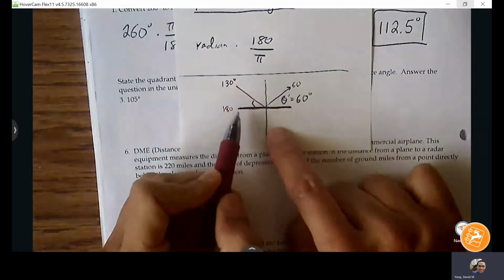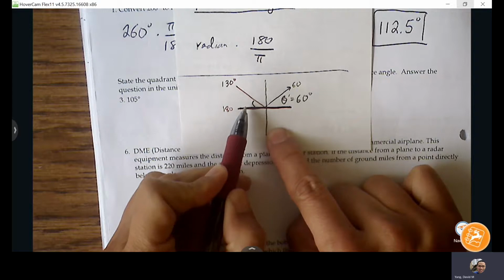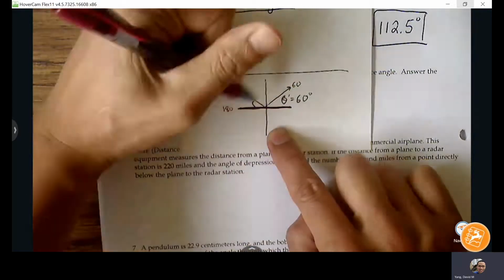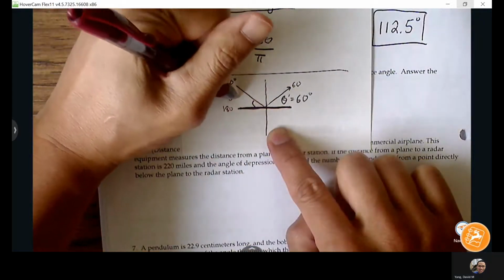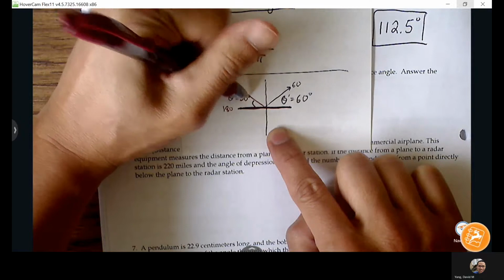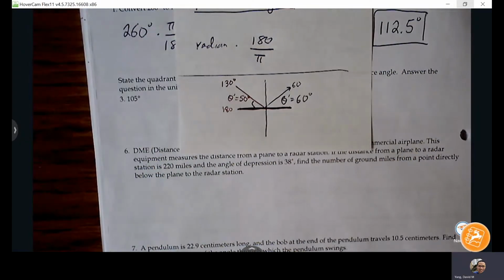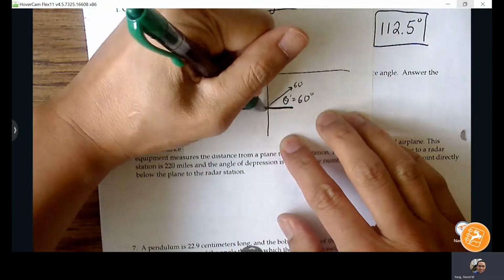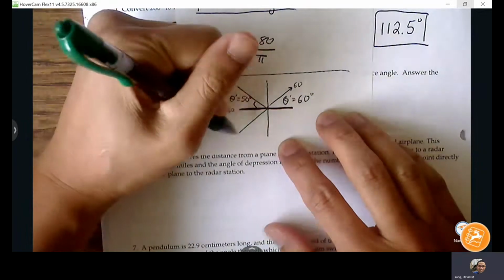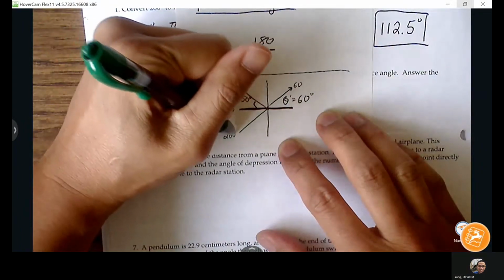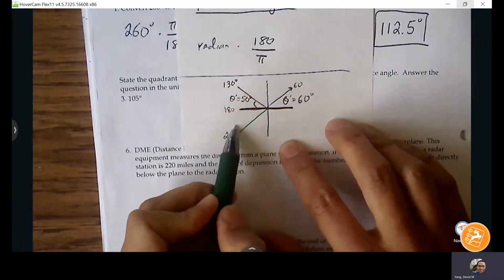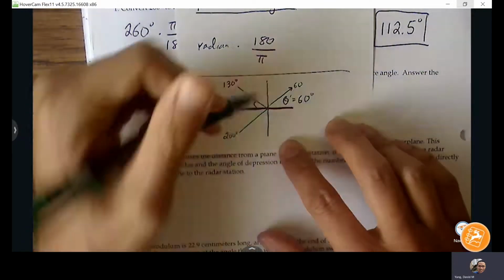So here, if it's in the second quadrant, just subtract from 180. If your angle is in the third quadrant, then you're still going to be involving 180. But now you're going to subtract the smaller from the larger.